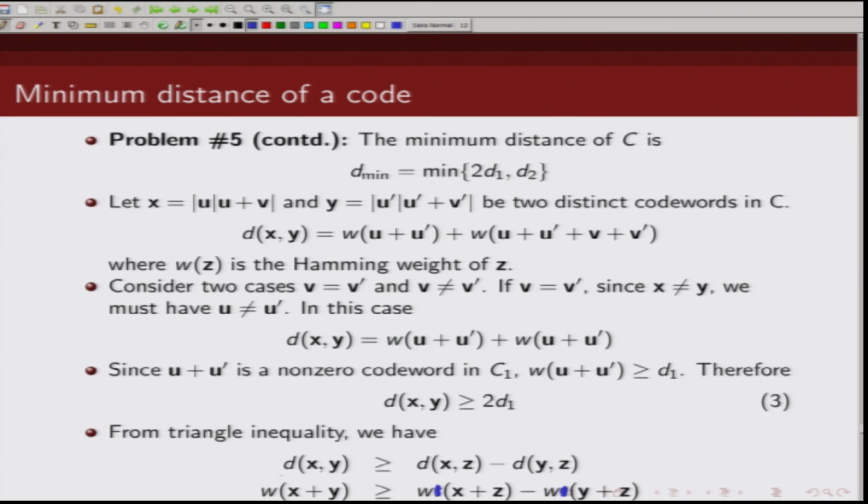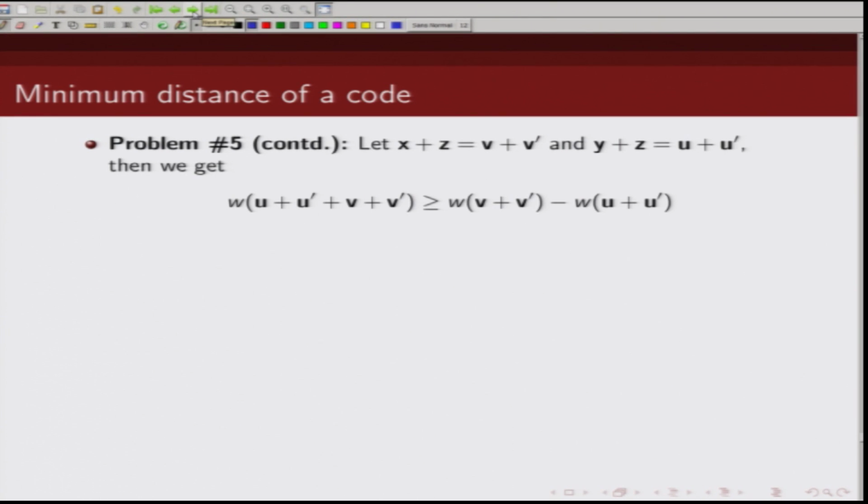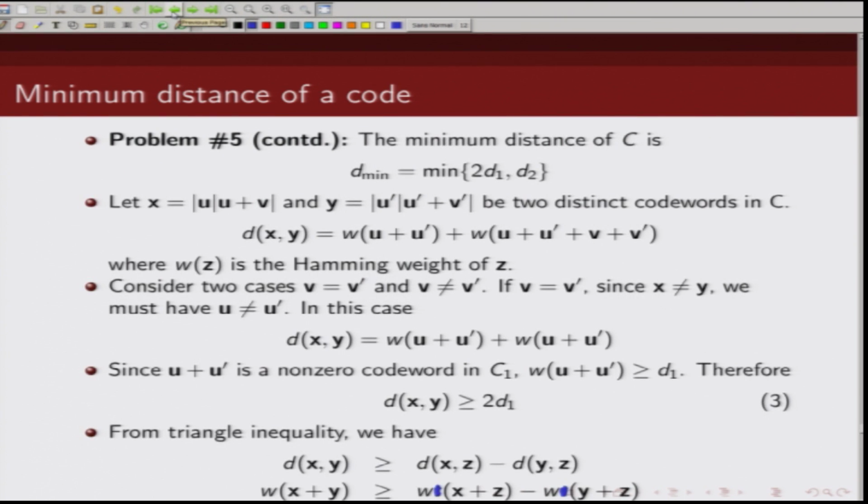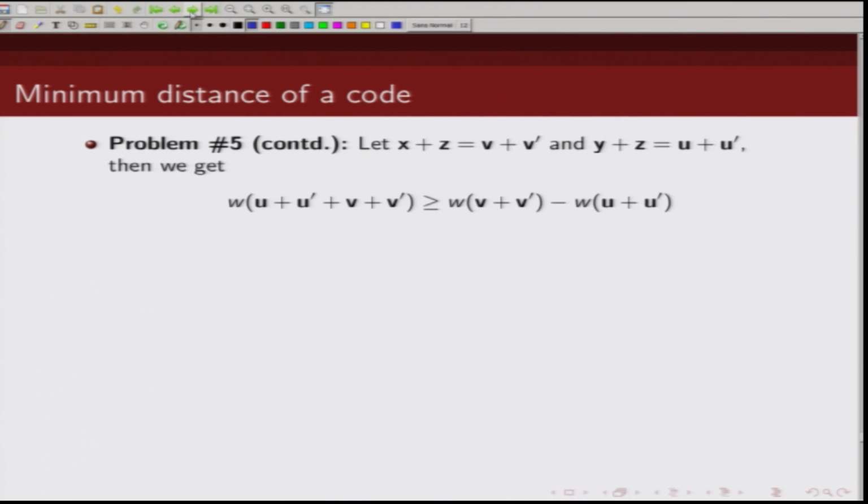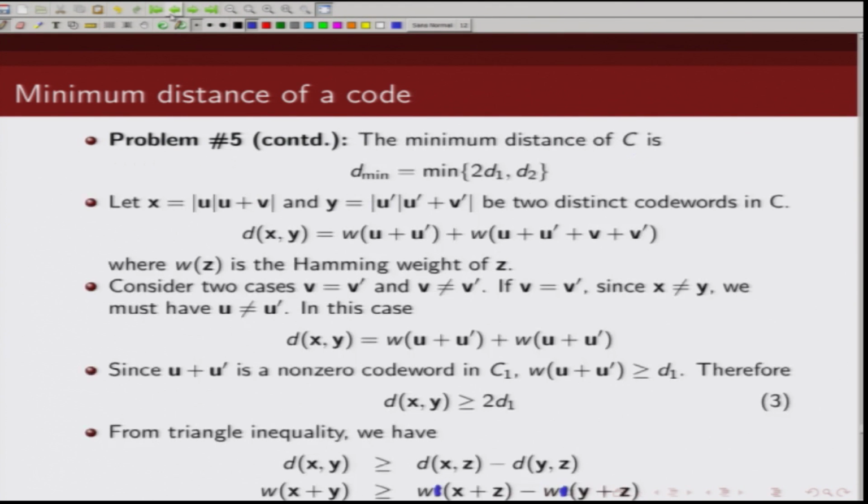We can write this expression in terms of Hamming distance, or in terms of Hamming weight. Now, let us take x plus z to be equal to v plus v prime and y plus z as u plus u prime, and we put these values in this expression.